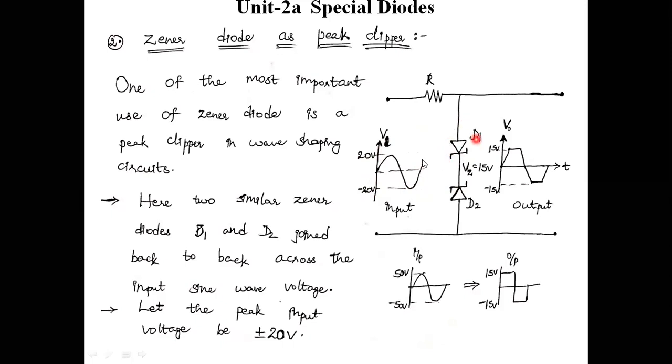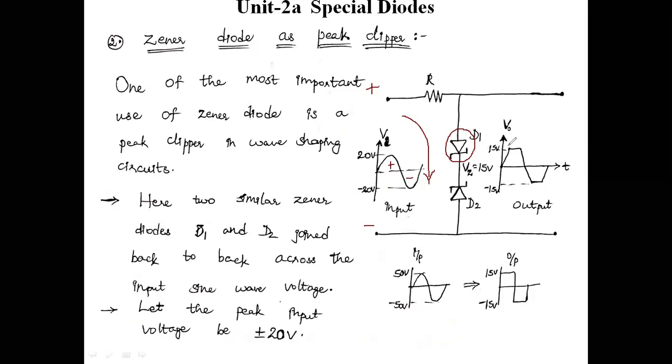Then the flow of current will take place in this direction. Let this be the positive terminal and this the negative terminal. For the positive half cycle, this diode is going to be in the conduction state, and up to 15 volts across this Zener diode it conducts.